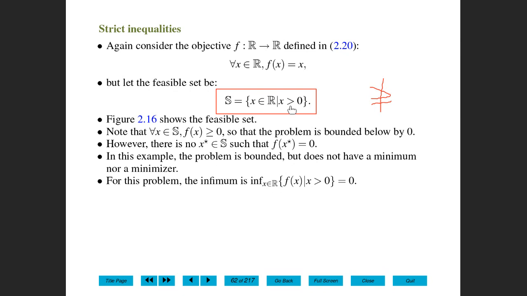Because f of x is equal to x. So once x is, let's say, 10, we will get f of x is equal to the same value. So can you find the minimum? In this problem, our f of x is equal to x, and x is greater than 0.